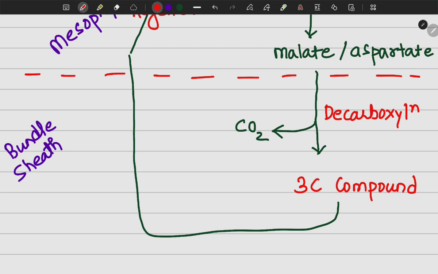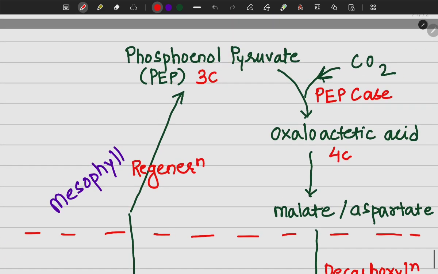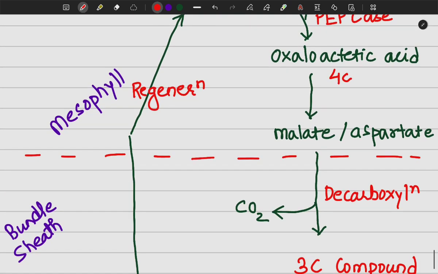This 3 carbon compound is transported back to the mesophyll where it regenerates the phosphoenol pyruvate. So this constitutes the C4 cycle. The C4 cycle occurs in the mesophyll as well as in the bundle sheath. So this was the C4 cycle.